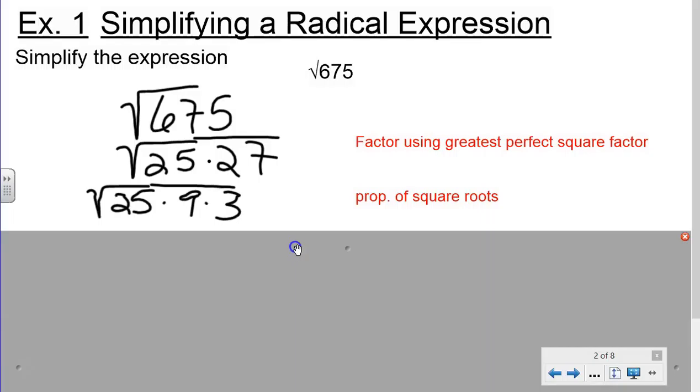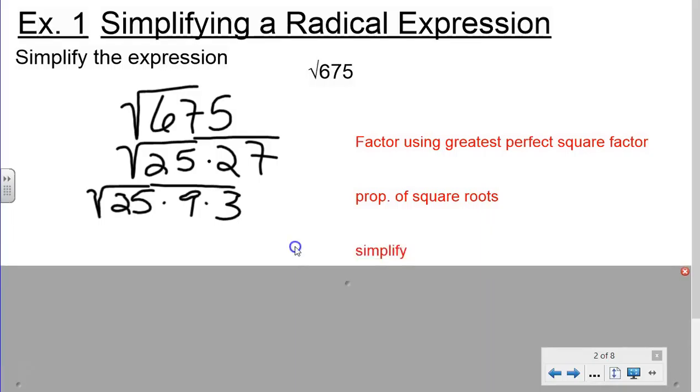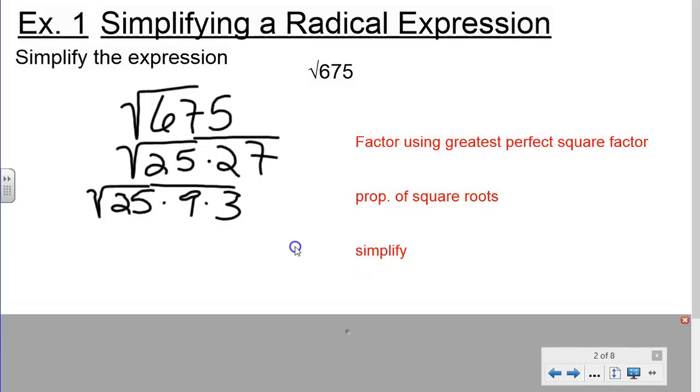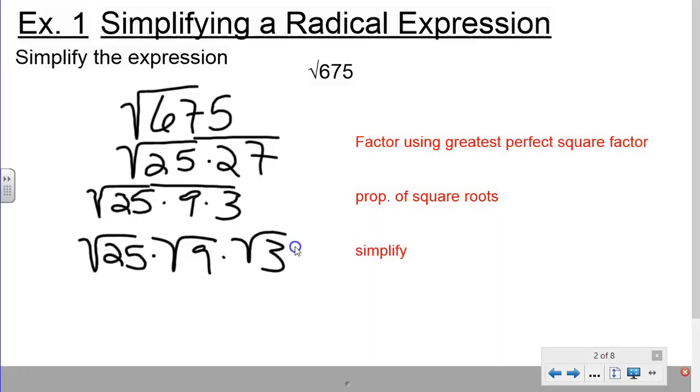Because once you do 5 times 5 times 9 times 3, we don't need to get it to its product of primes. We want to factor out perfect squares, because that means we're going to have a whole number already outside of this. So we know that this is the same as saying the square root of 25 times the square root of 9 times the square root of 3. Right? What are the square roots of these first two?